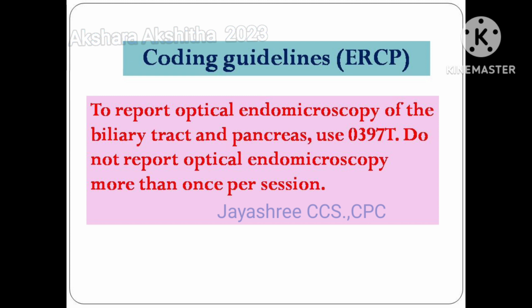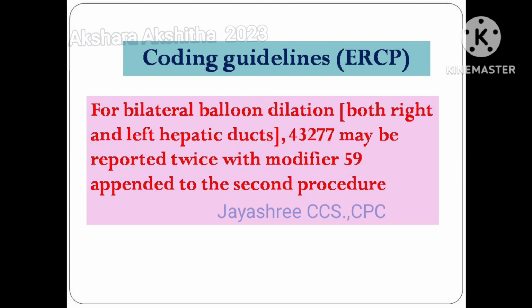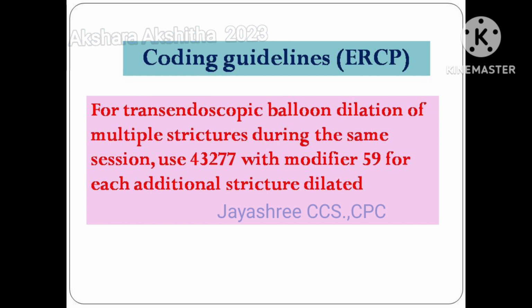Okay. Next point, same as what I told before: biliary dilation of both right and left hepatic duct means we can code two times with the 59 modifier. Then for transendoscopic balloon dilation of multiple structures during the same session, we can use 43277 two times with the 59 modifier.